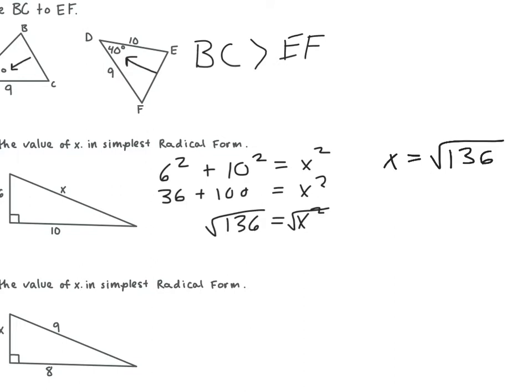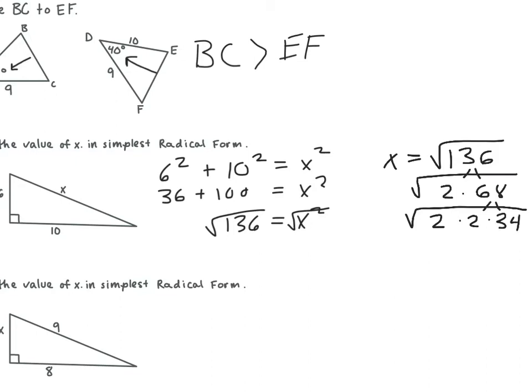How can we simplify this? What comes out? 2 times 68. So we have a 2. What comes out of 68? 2 times 34.